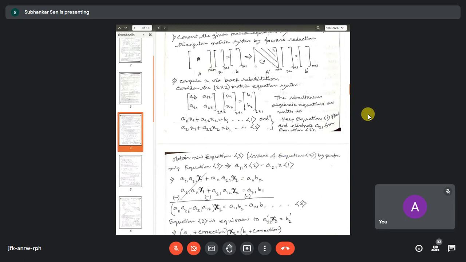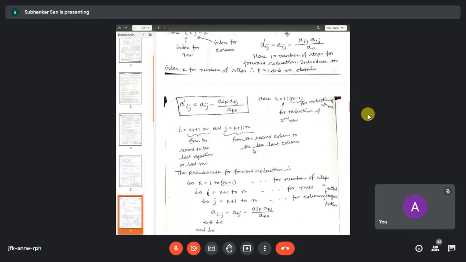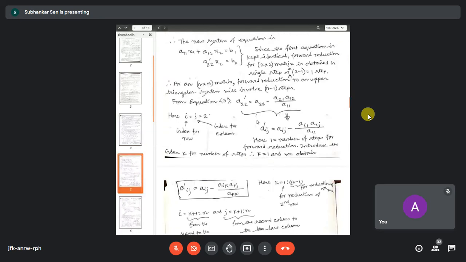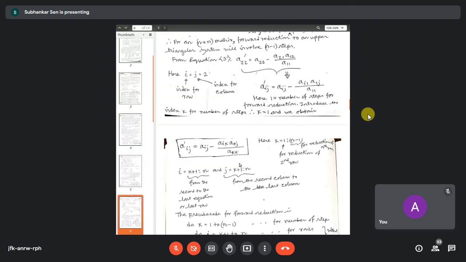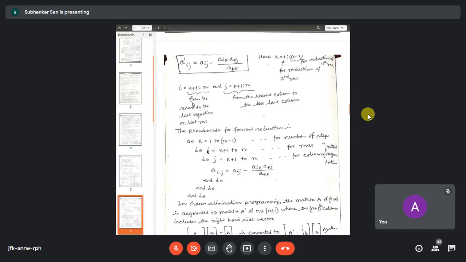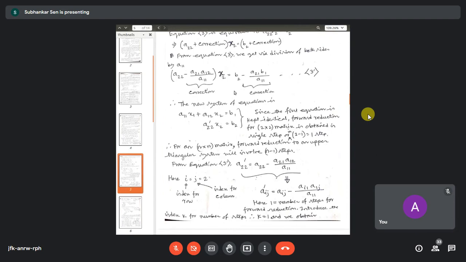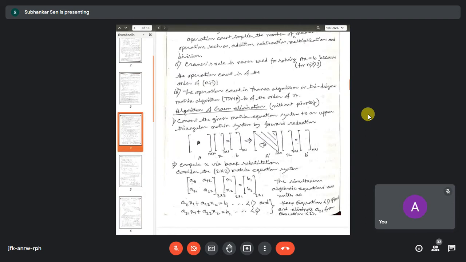Okay, for a 2 by 2 matrix, this choice is telling that you deal only with this term. You can also make it I equals 1 to n and j equals 2 to n, from the second equation to the last equation. But it is irrelevant. Terms outside the diagonal will have no role actually.